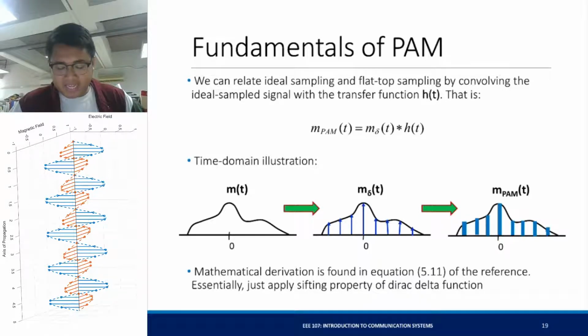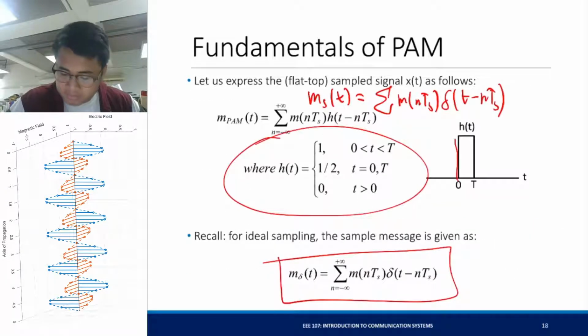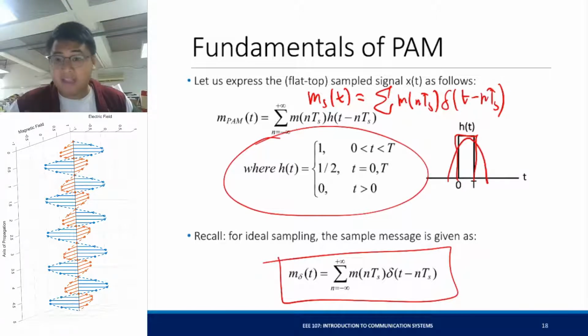We can relate the ideal sampling and the flat top sampling by convolving the ideal sampled signal with the transfer function. So we can get your PAM signal using your ideal sampling convolved with the shape of the pulse. This pulse can take on any form. It can be a half cosine pulse, or some weird triangular shape, and so on.